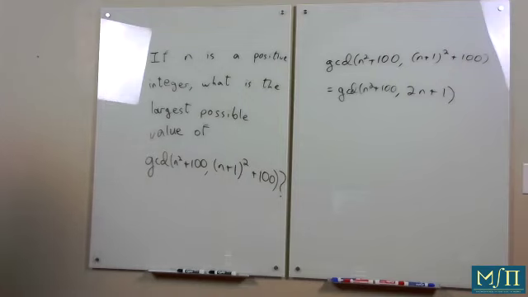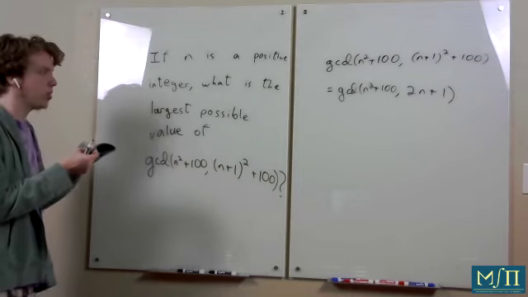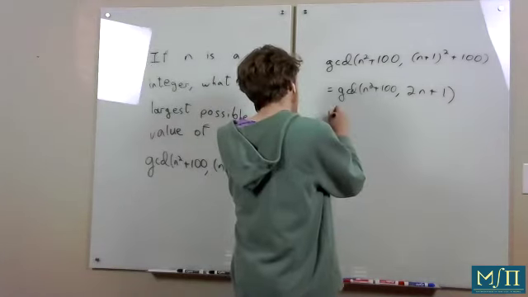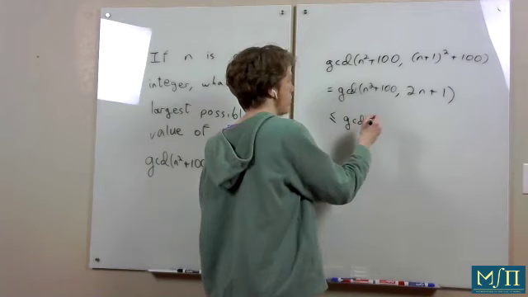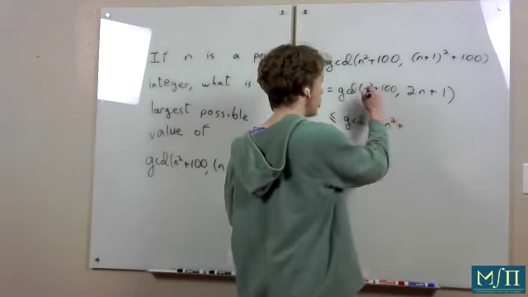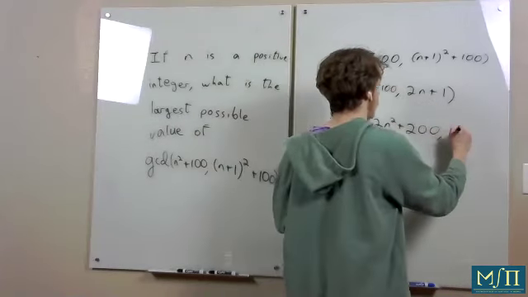But how do you know how many times to subtract off 2n? To avoid getting into messy stuff like whether n is even or odd, I'm just going to do some less than or equal to stuff: this is at most the GCD of twice this and this, because this divides this, and then it's the same thing.